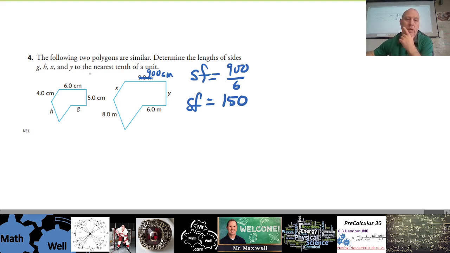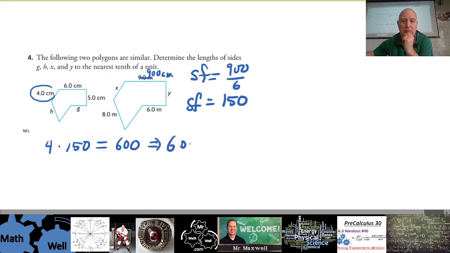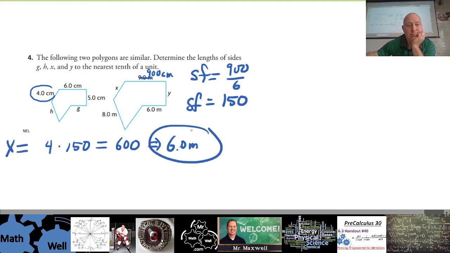Pretty cool. So x is corresponding to 4. So 4 times 150 is going to be what? 600? Now that's actually 6.0 meters. So x equals 6.0 meters. Okay, let's do y.